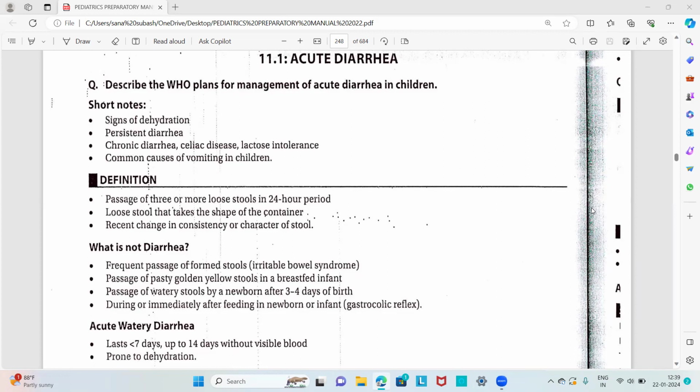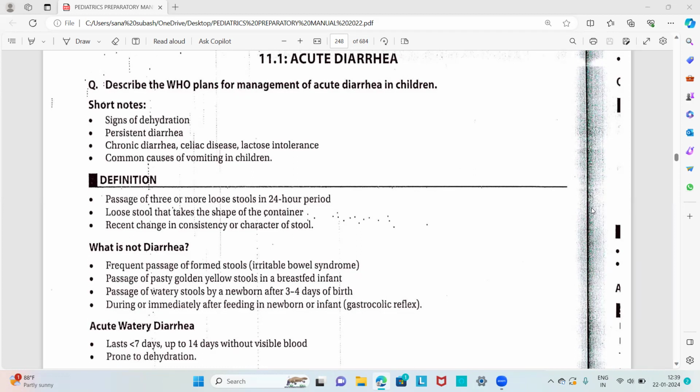Then we have gastroesophageal reflux disease, then the causes of splenomegaly in children, then obstructive jaundice, then portal hypertension.